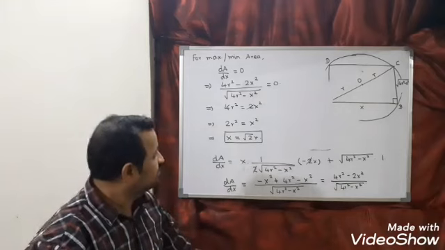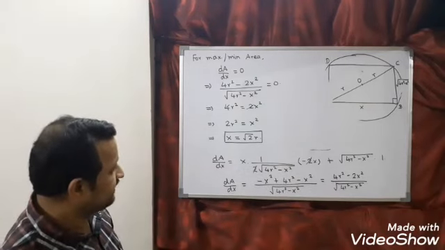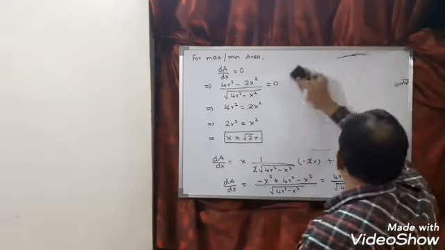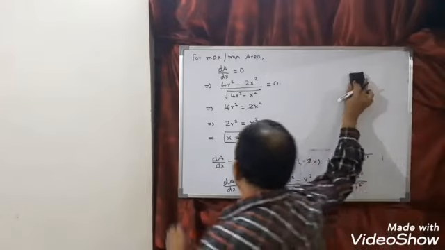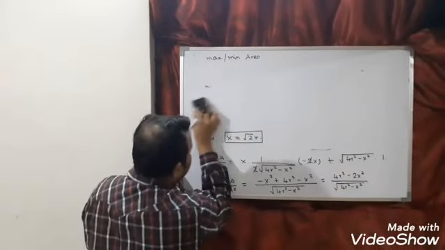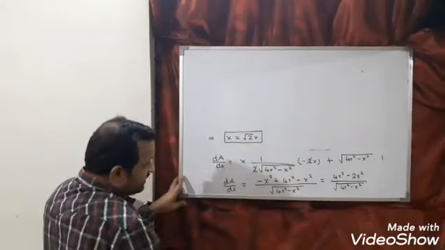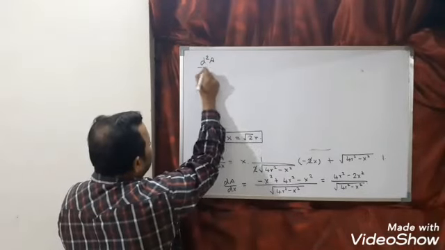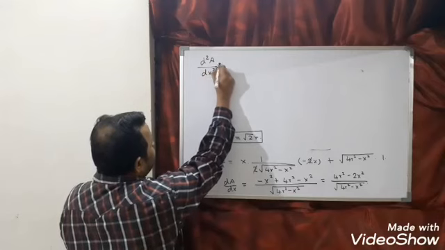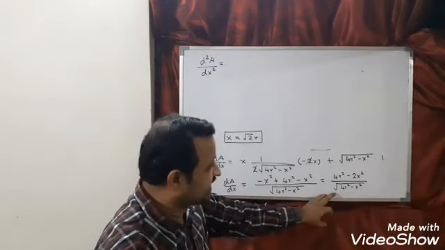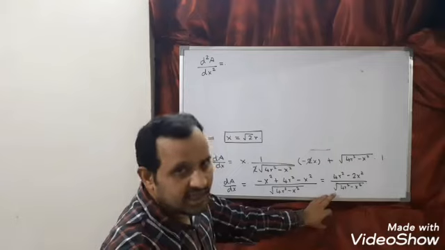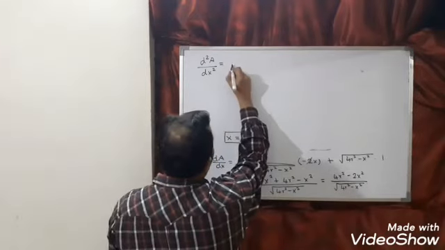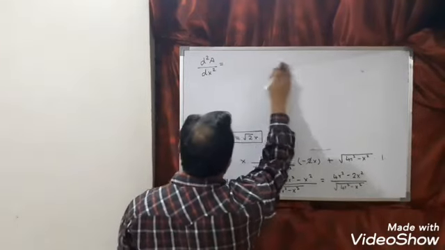We have to find the second order derivative. So calculate. So here I can say d square A divided by dx square is equal to, find the second order derivative. How to find? Apply the division rule. And what is the division rule saying?